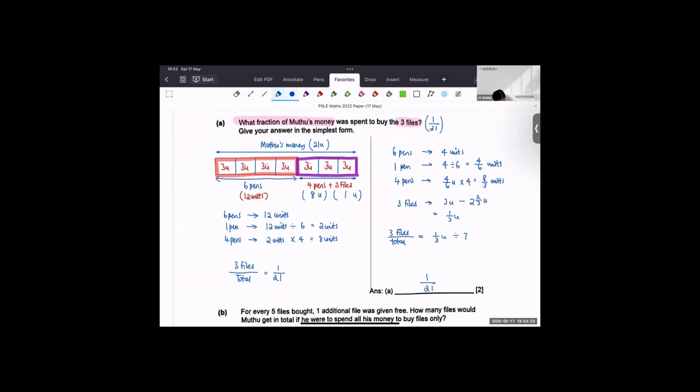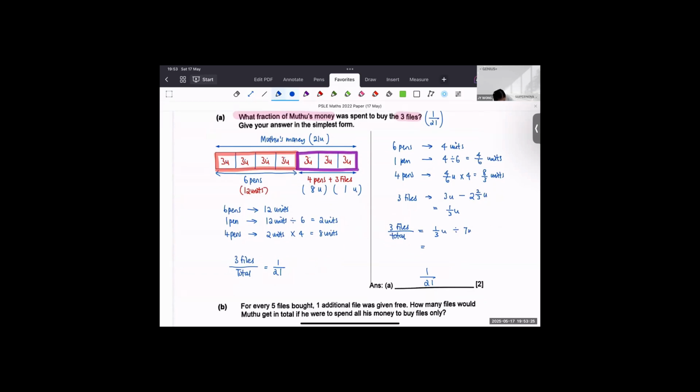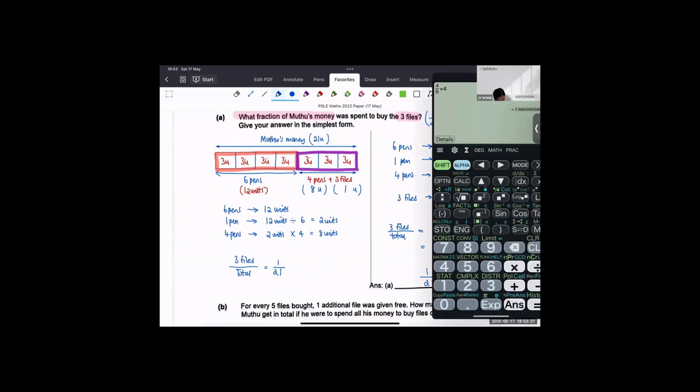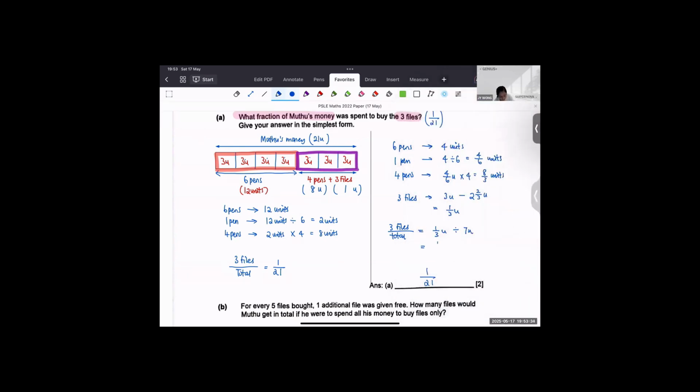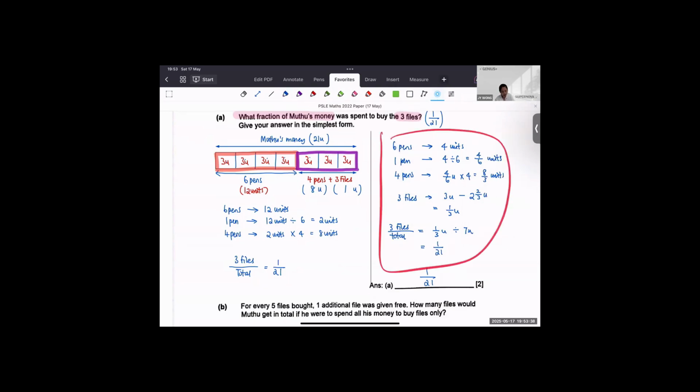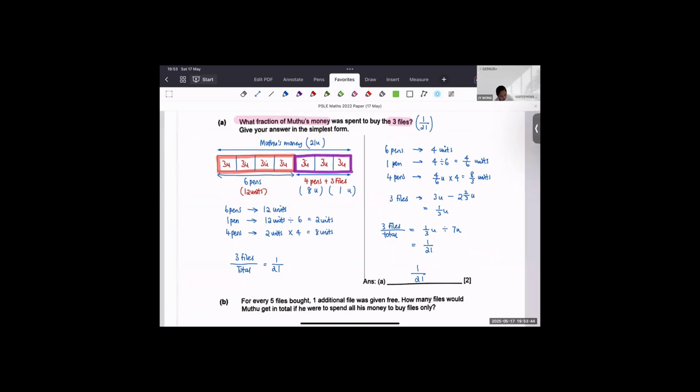So if you put this as an equation, you get 1/3 divided by 7, and you also get 1 out of 21. But I would not want to do this because it's not so friendly. I will try to make it into whole numbers so it's easier for you. So this is done.